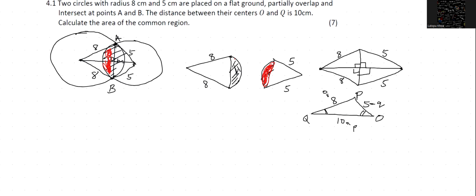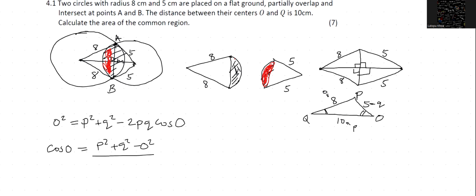So if you remember from the cosine rule, we have that o squared is equal to p squared plus q squared minus 2pq cos of angle O. So if I want to make O the subject of the formula, we have cos of O equal to p squared plus q squared minus o squared divided by 2pq.